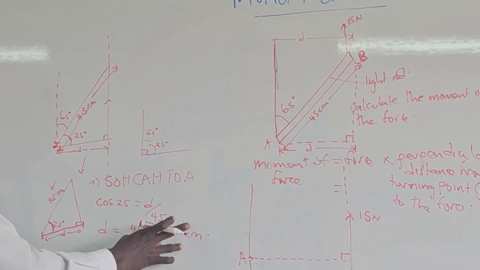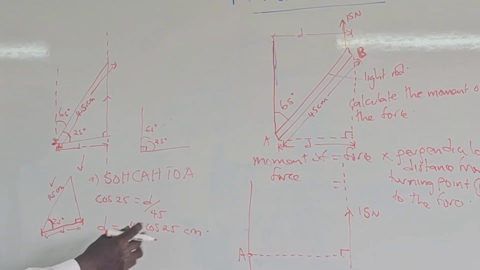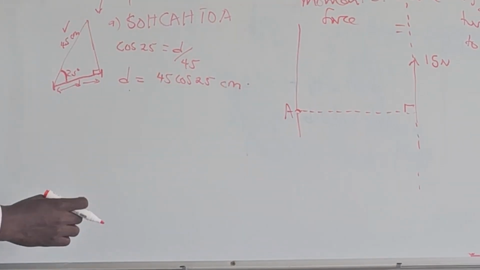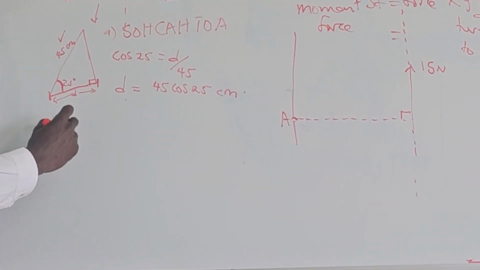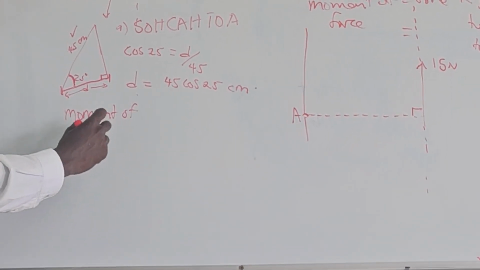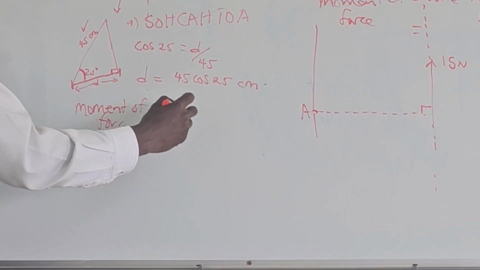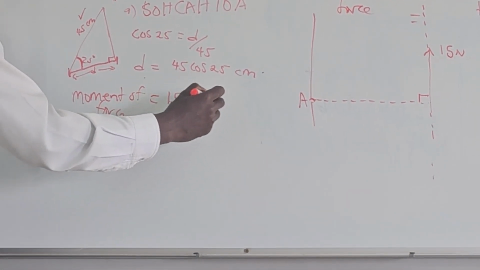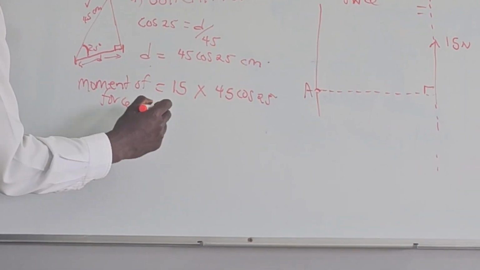So after we have our distance, then we can simplify our distance using a calculator. At last, you can say moment of a force is equal to our force, which is 15 newtons, times the perpendicular distance.